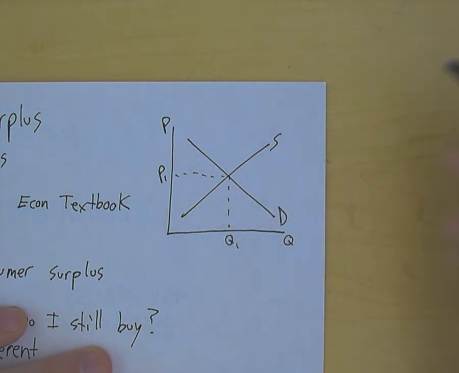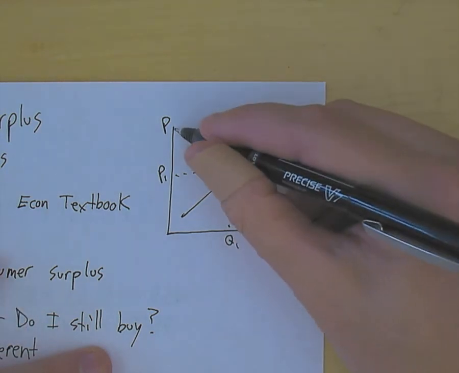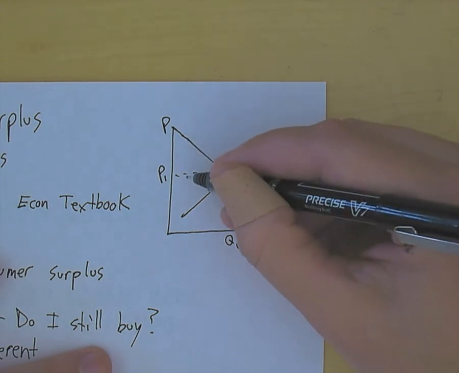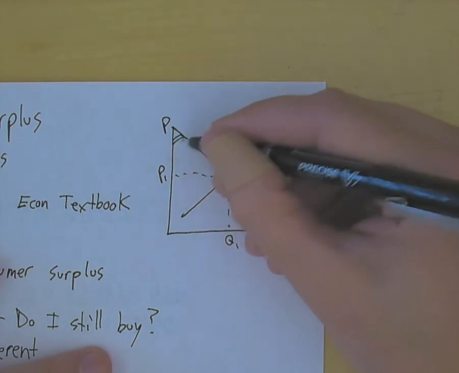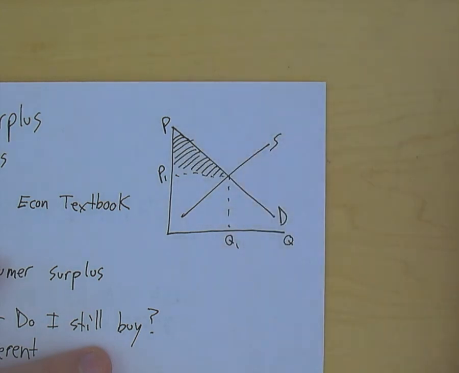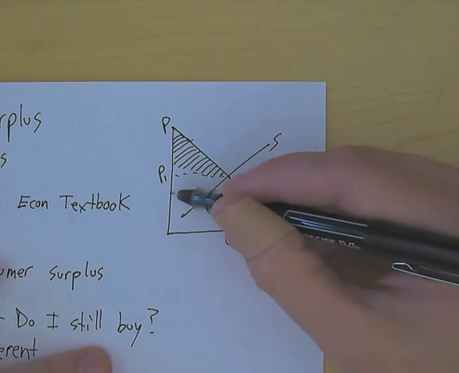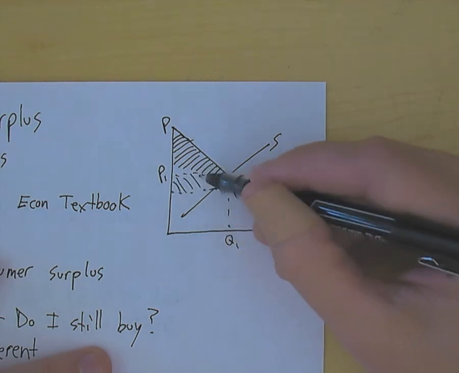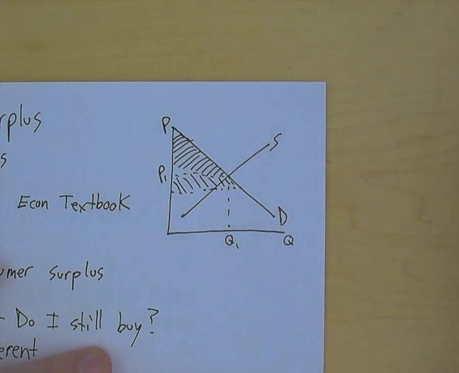The consumer surplus is found in the area below the demand curve and above the price. So everything in this triangle is going to be consumer surplus. And again, if I lowered the price, the consumer surplus would grow.